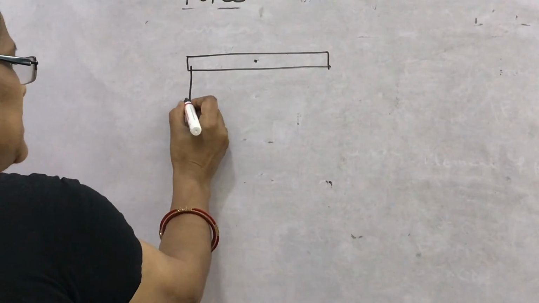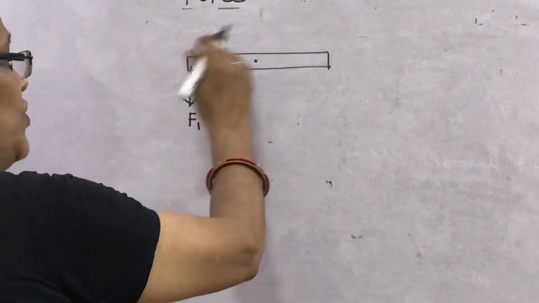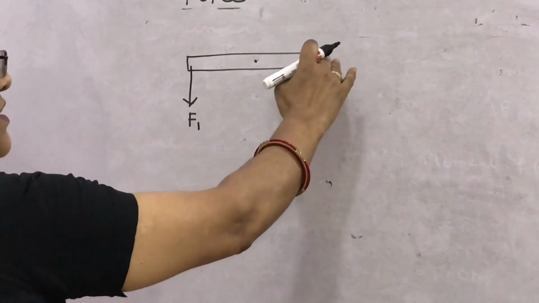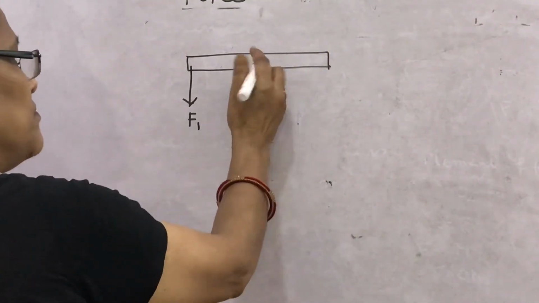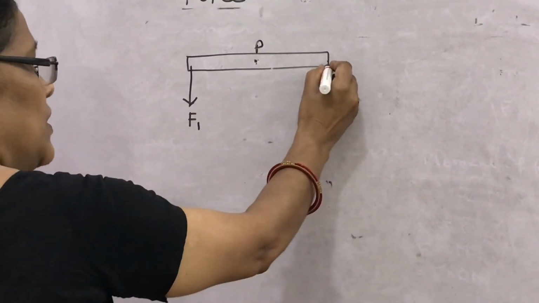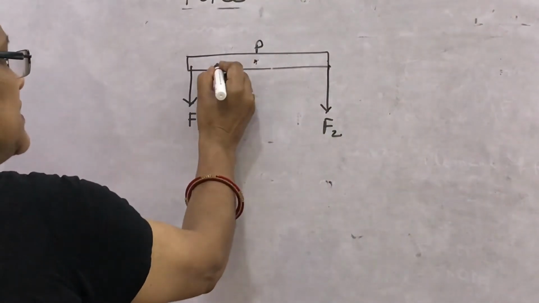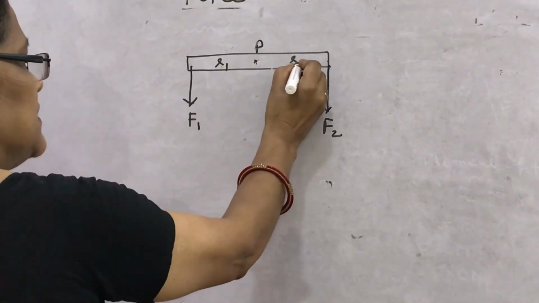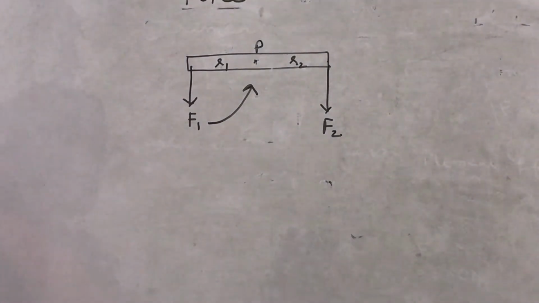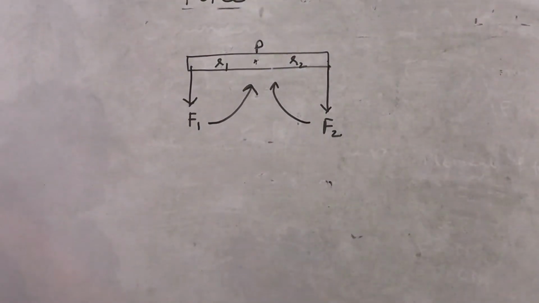If you apply a certain force here, suppose this is F1, then to keep the beam horizontally balanced, an equal amount of force must be applied at an equal distance from this fixed point P. So, if this is the force F2 applied at the distance, suppose this distance is R1 and this distance is R2, F1 will produce a turning effect in this direction and F2 will produce a turning effect in this direction.